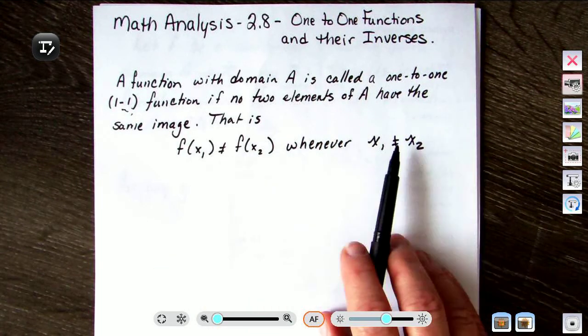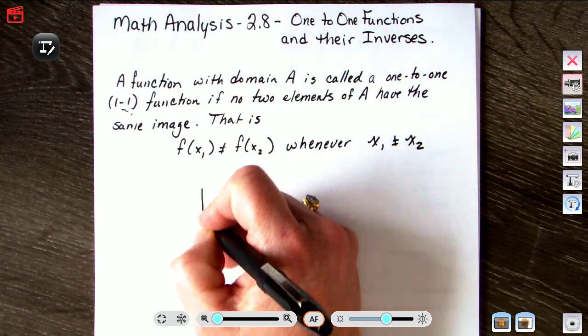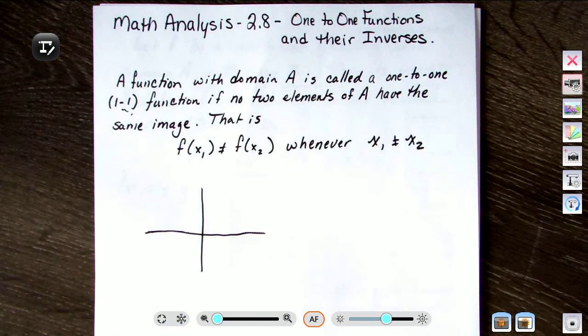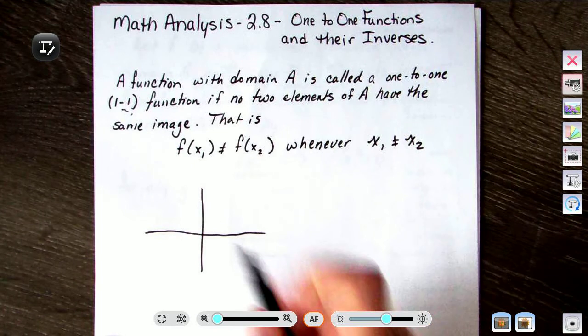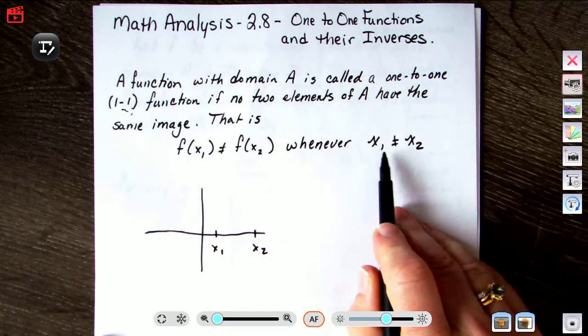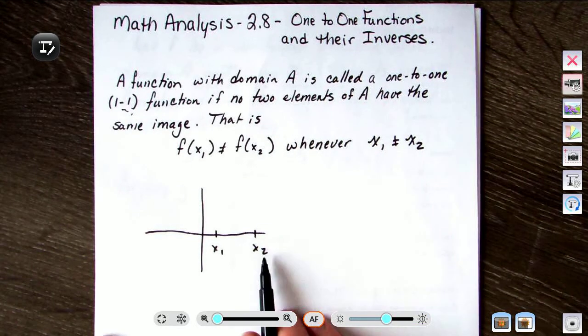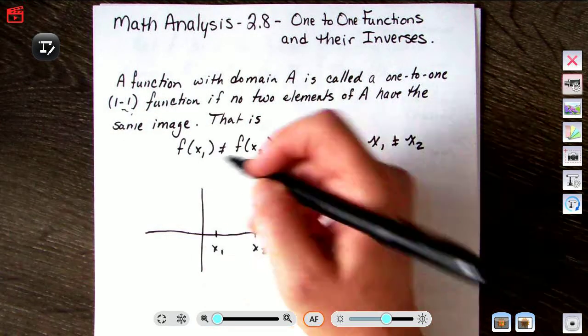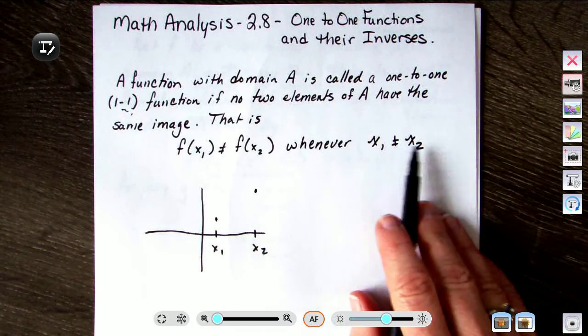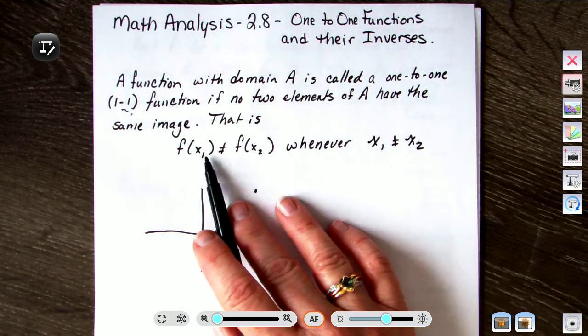So let me explain what this means. Like we just said, no two x values map to the same thing. In other words, if you have two different values, x1 and x2, and you map them, these two have to be different. So if these are different, their y values are different.